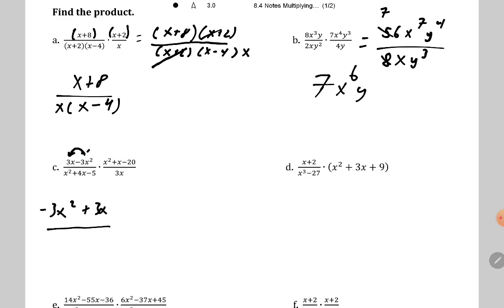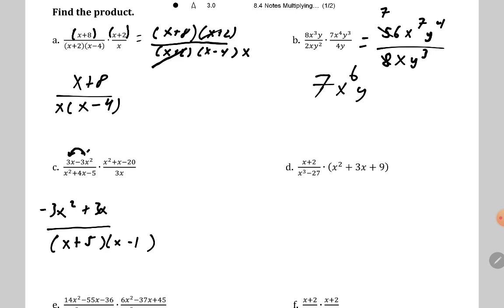Now we're going to see how we can factor the bottom. So x squared plus 4x minus 5. Two numbers that are factors of 5, so you'll only have 1 and 5. We know one is going to be negative, and one is going to be positive.